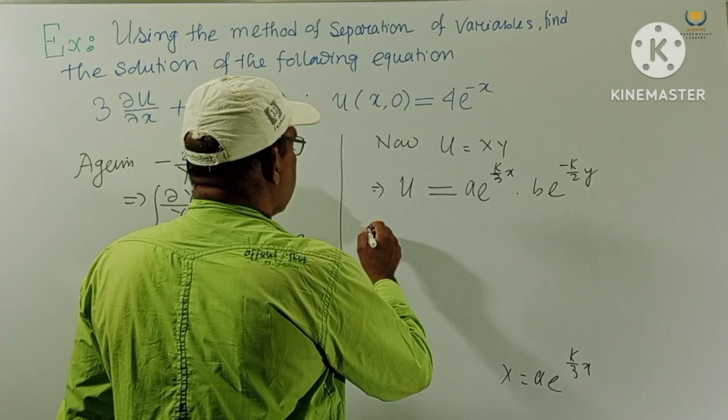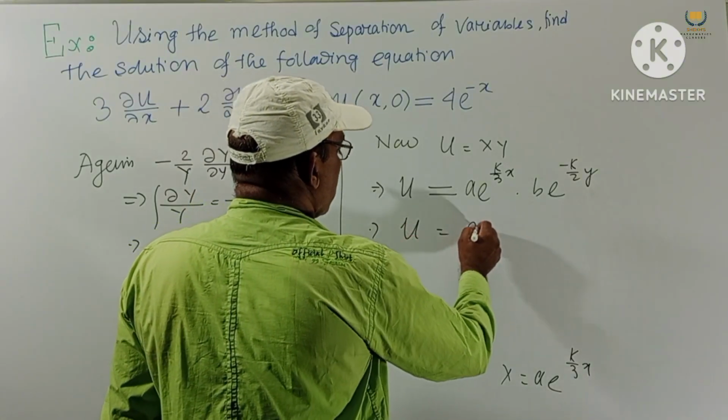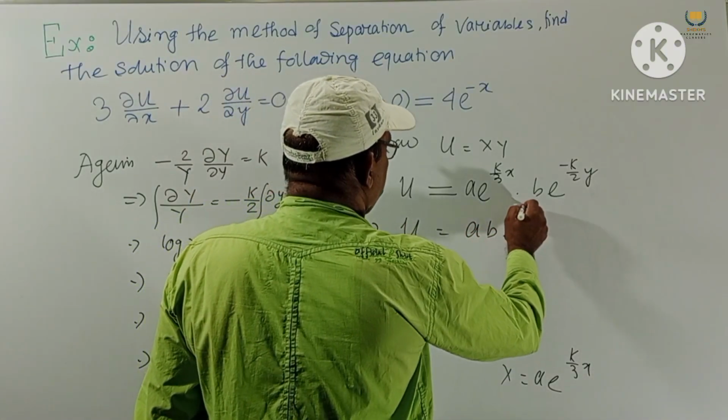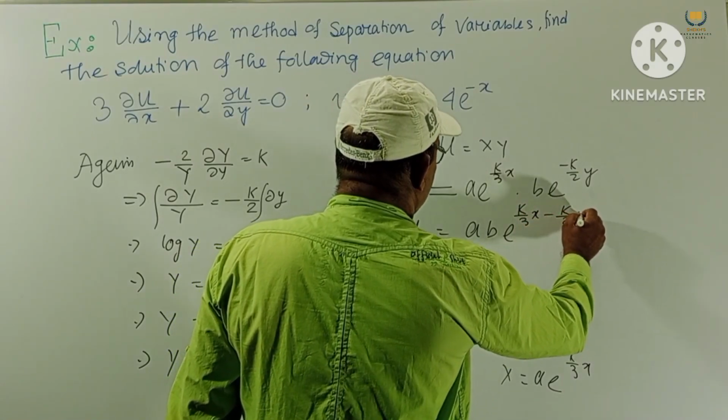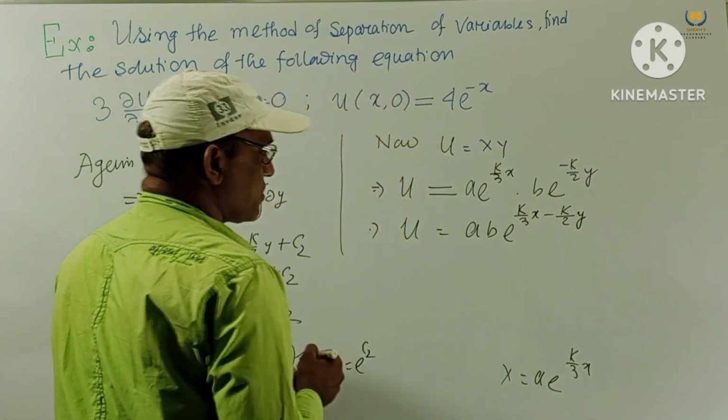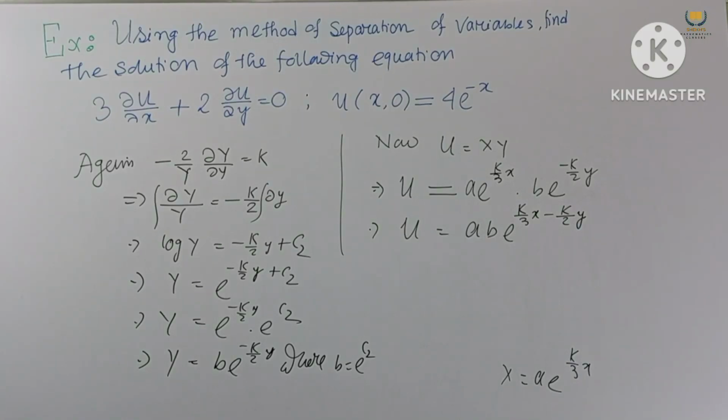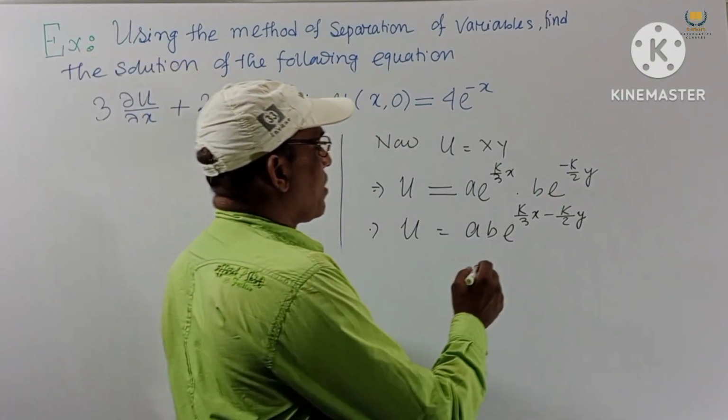We get this. This implies u equal to ab e to the power k by 3 x minus k by 2 y. We get this one. This is number 2 we consider.